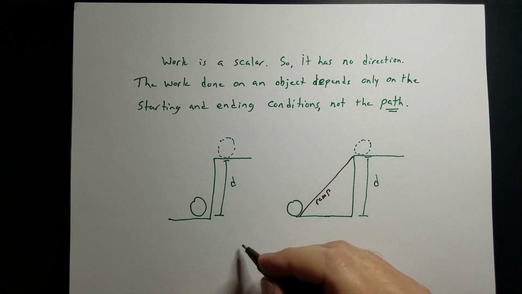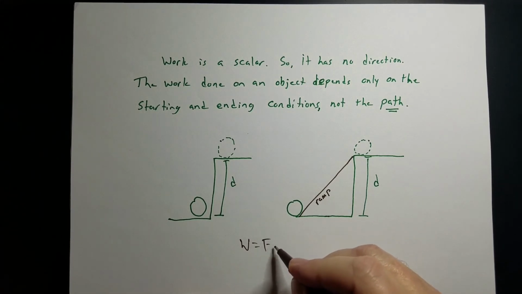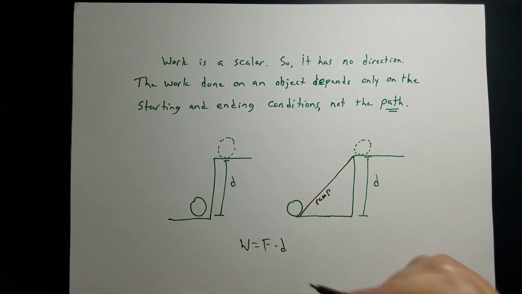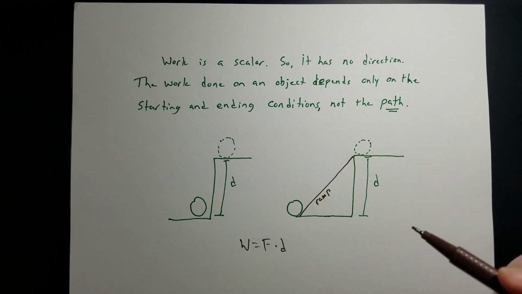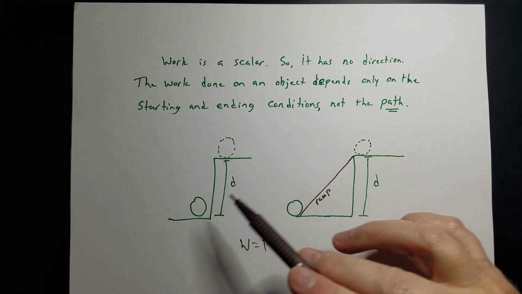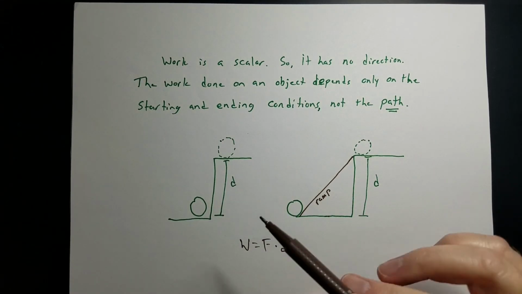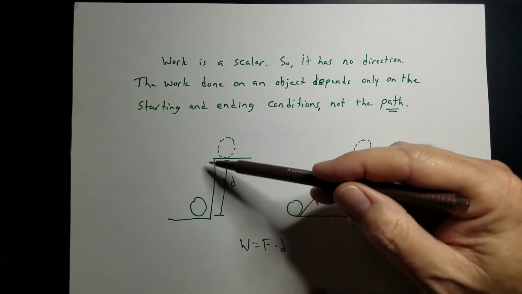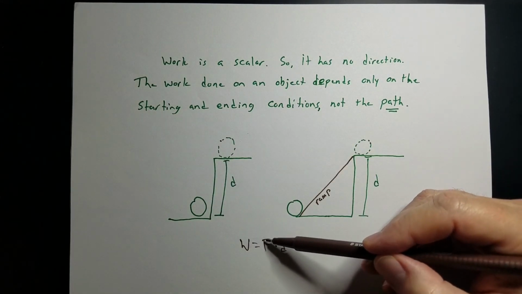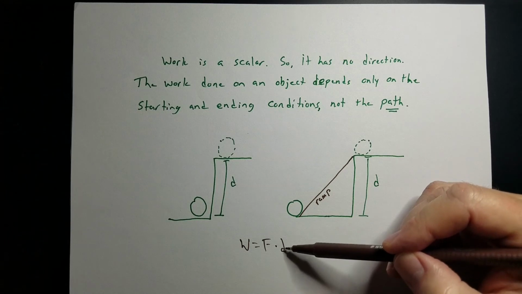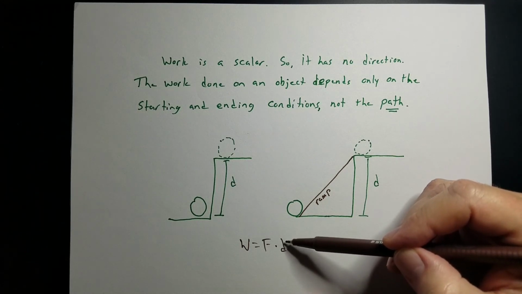Well, work is force dot distance, or displacement. It turns out both of these have done the same work. On this one, you've used the maximum amount of force, but went through the smallest distance.